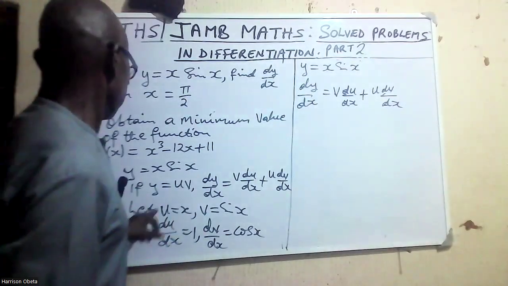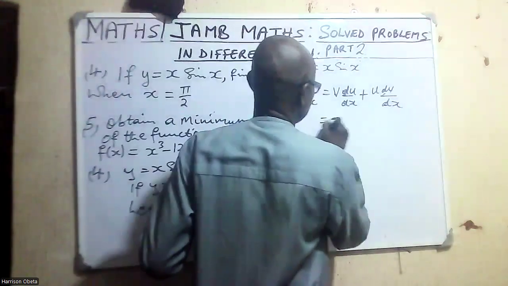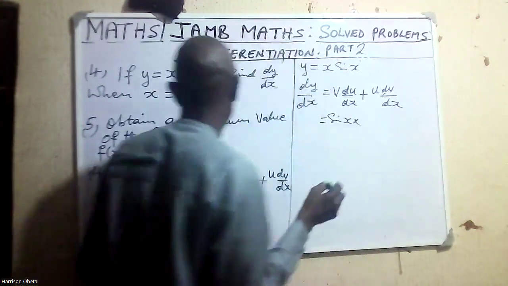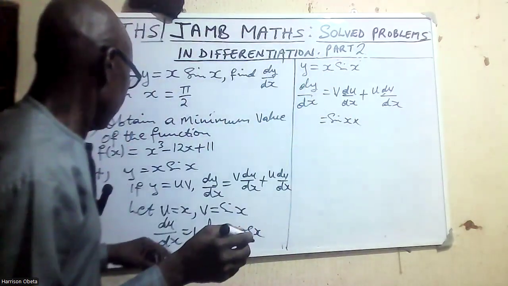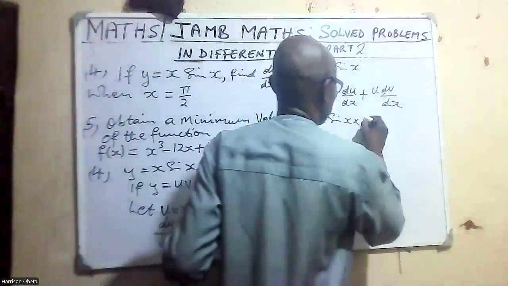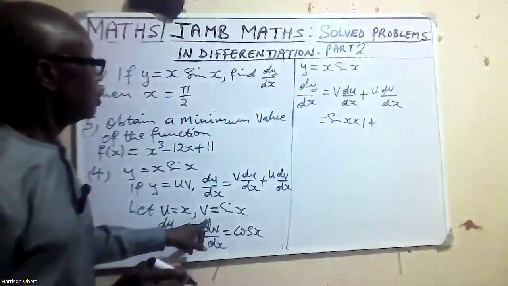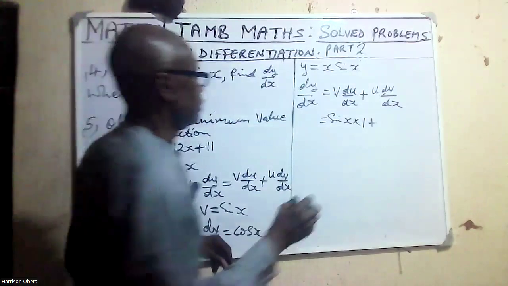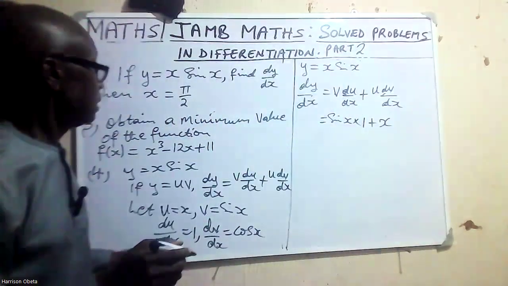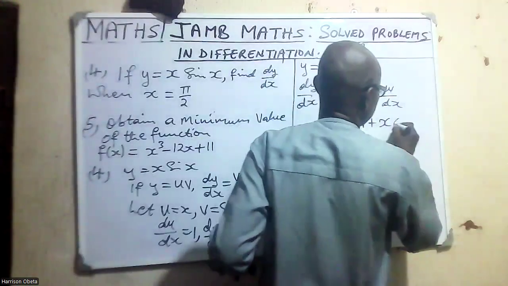Our v is sine x times du/dx is 1 times 1 plus u is x, while dv/dx is cos x.